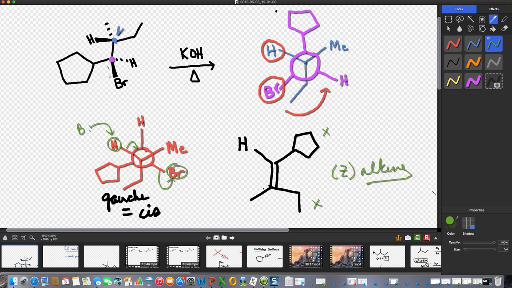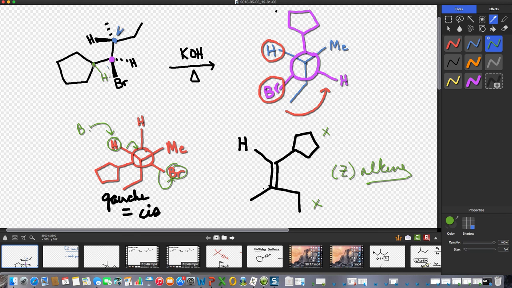Now that's not the only alkene I can get, because I also have a hydrogen right here. And that would be an entirely different Newman projection analysis. But you see how you go through the steps to justify the major product with regard to removing a hydrogen from, if you will, the blue carbon, as opposed to, I guess we can call this the green carbon.